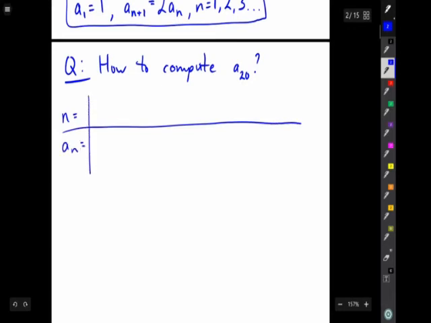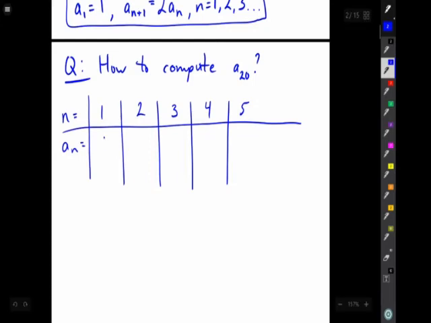So here, n equals 1, 2, 3, 4. Let's say we do the first 5. And we know the values in this sequence are 1, 2, 4, 8, 16. Okay? So how do we do this? To get from here to here, I multiplied by 2.